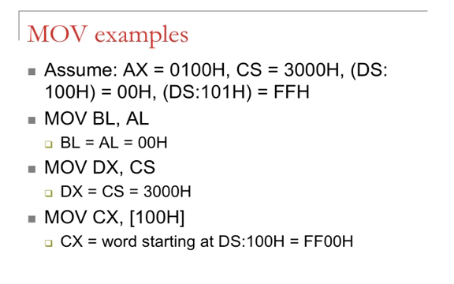We're saying this DS colon 100, this particular location in memory, has a byte, and the byte value is 00. Similarly, this next location, DS colon 101, has the byte FF.